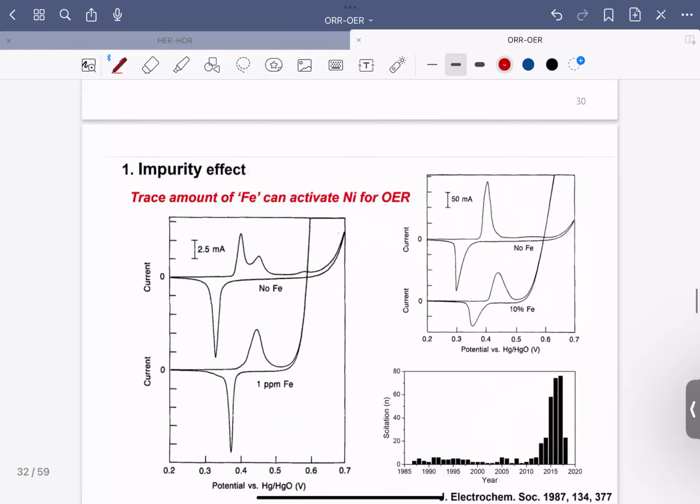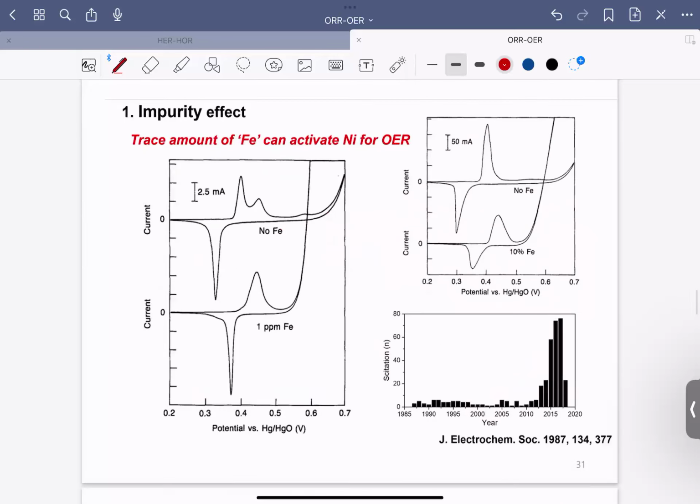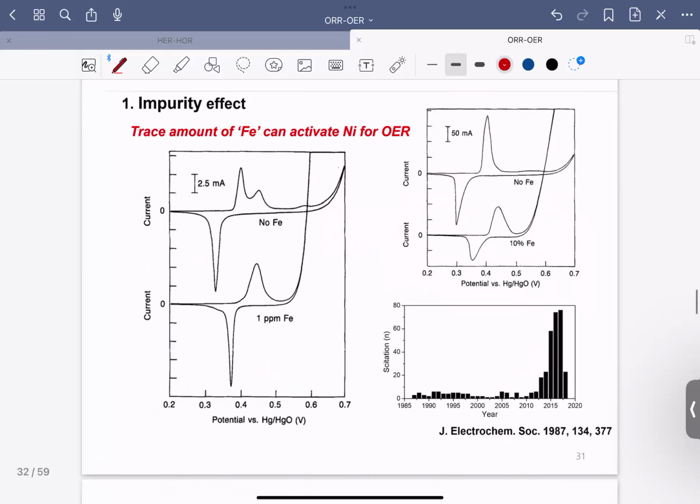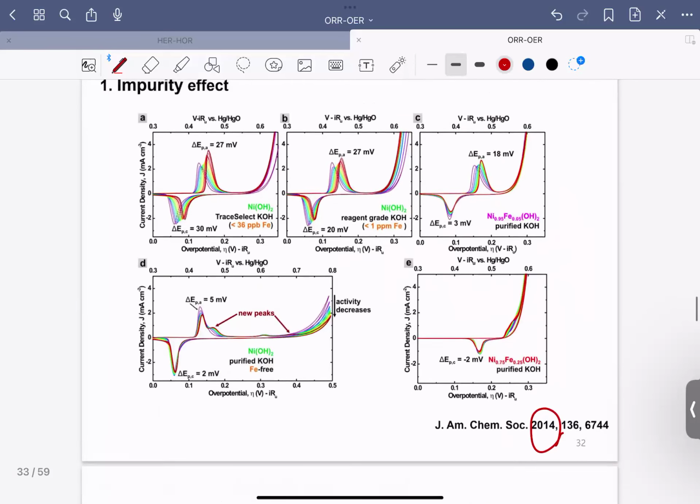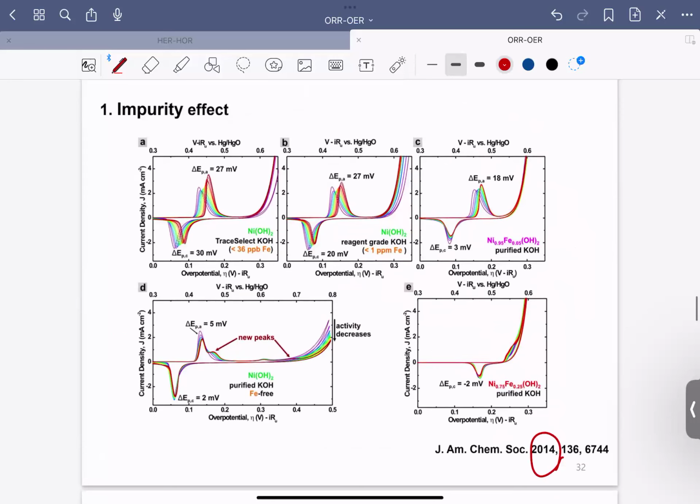Before 2014, people believed that nickel shows the highest activity compared to the others. So a lot of researchers have focused on why nickel is a good material for the OER. However, please keep in mind that in 2014, there was a really important paper in the alkaline OER society, right?